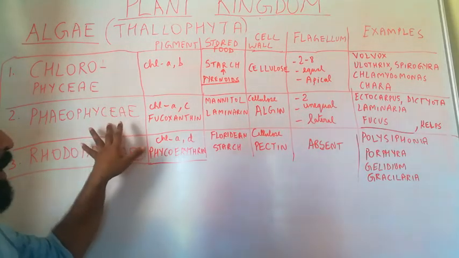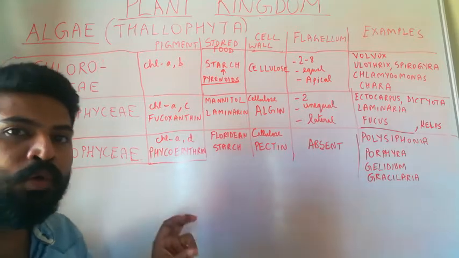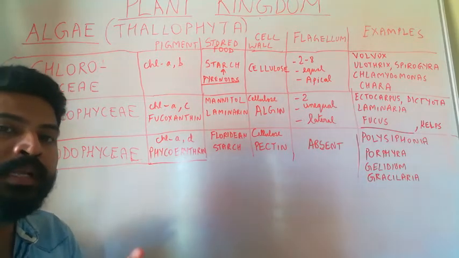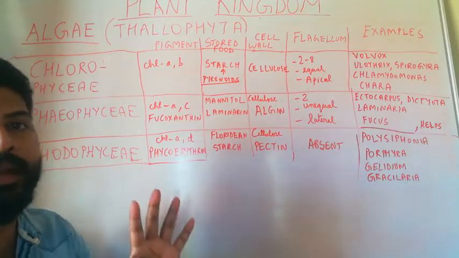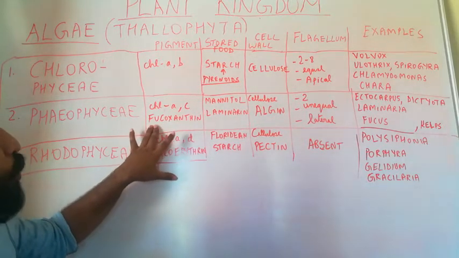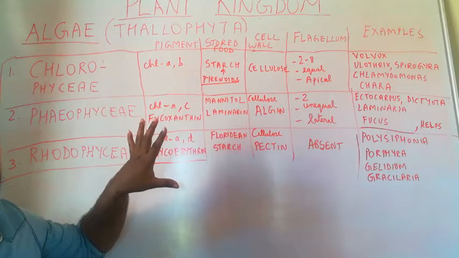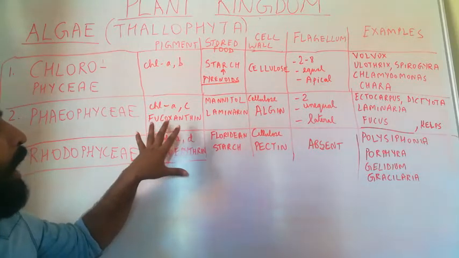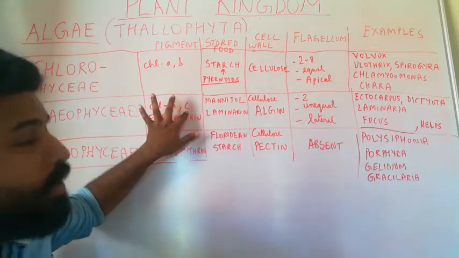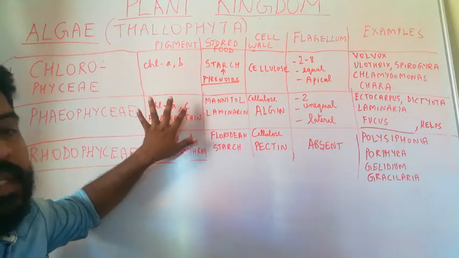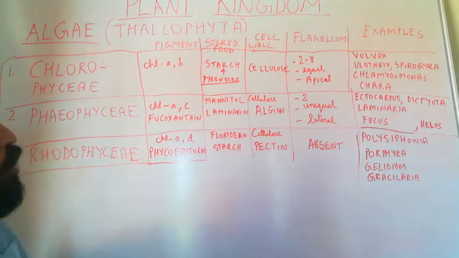The Phaeophyceae is called brown algae because of the presence of a brown colored xanthophyll pigment called fucoxanthin. This is the primary pigment. Other than this, it also has chlorophyll A and chlorophyll C. So that is how it is distinct from Chlorophyceae.